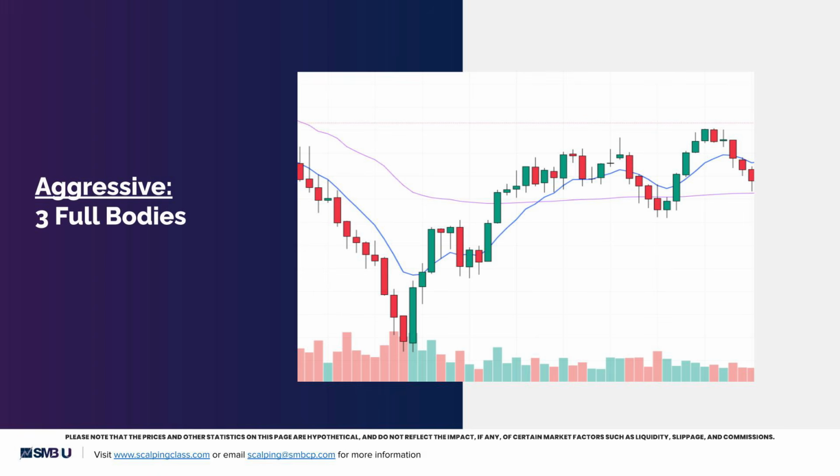You can very easily define aggressive supply or aggressive demand as 3 full body candles.